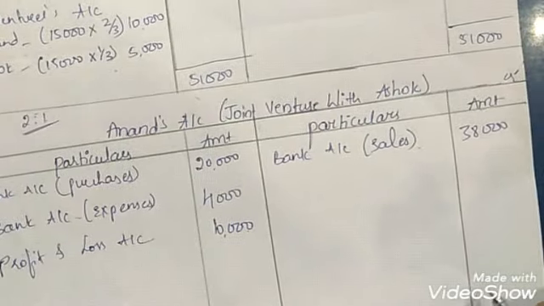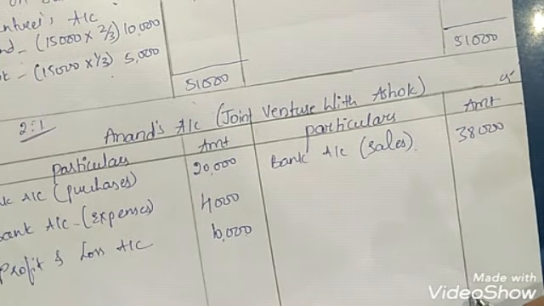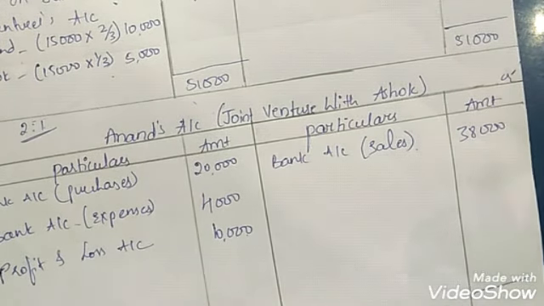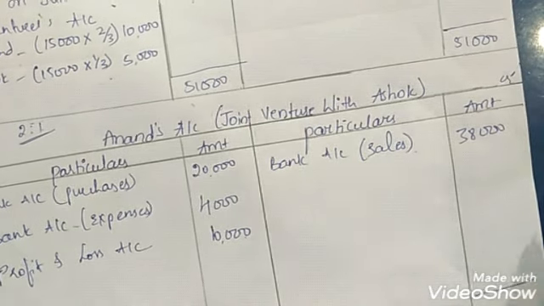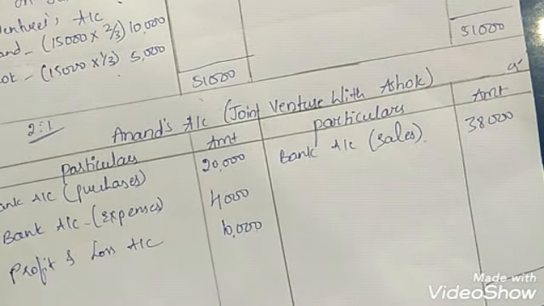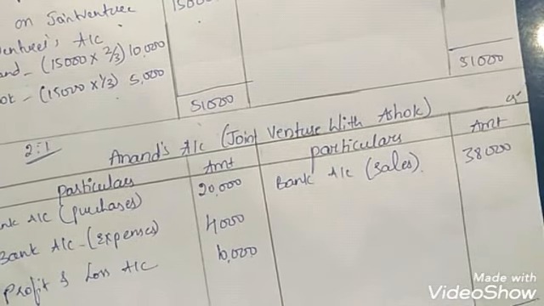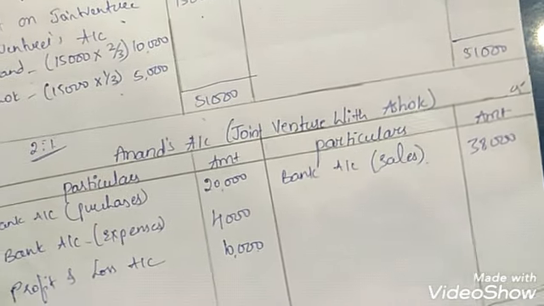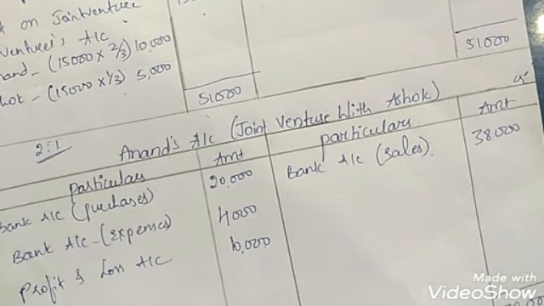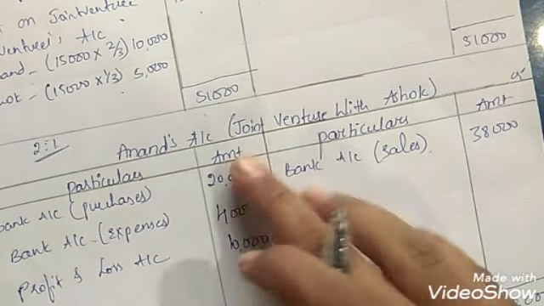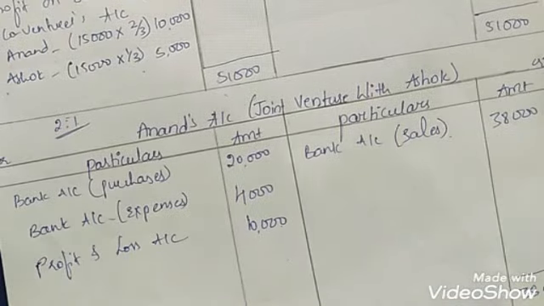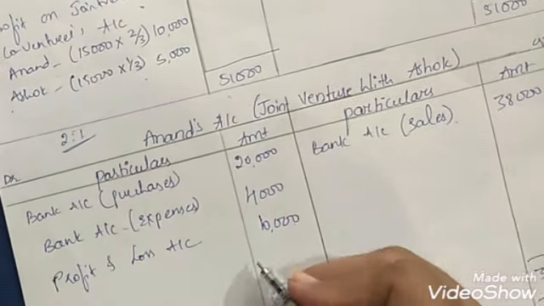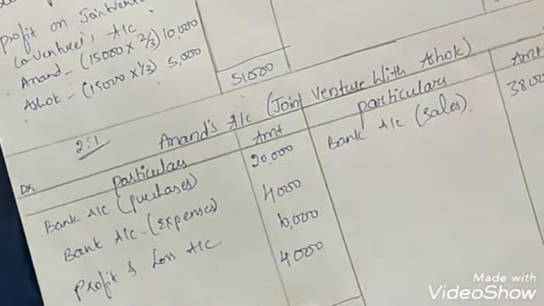Now again we have to find out the balancing figure, right? So here 38,000 is the total, okay? 38,000 rupees. Now if we deduct all these amounts, we will get the balancing figure of rupees 4,000, okay?